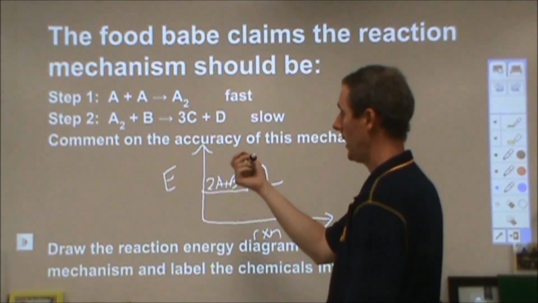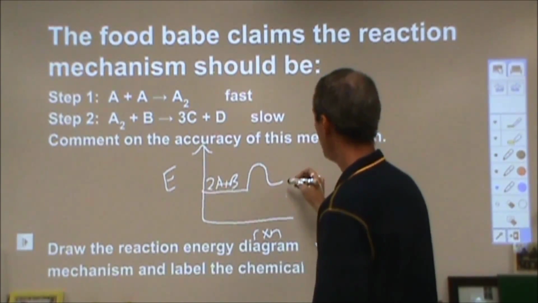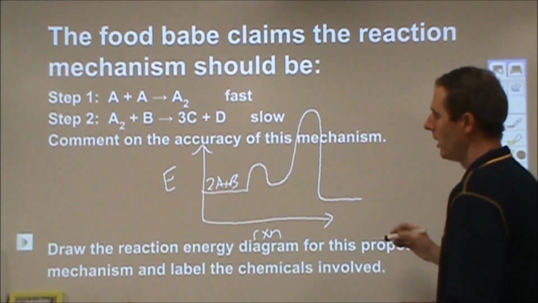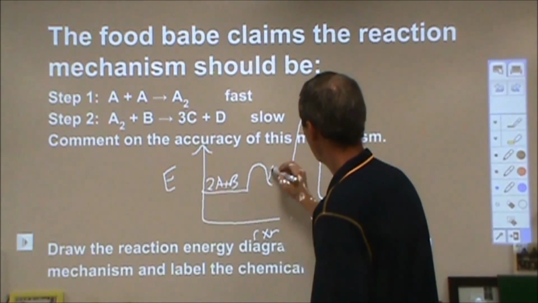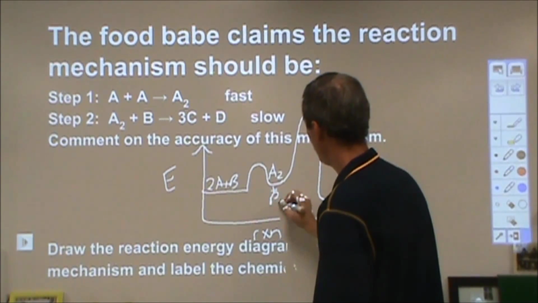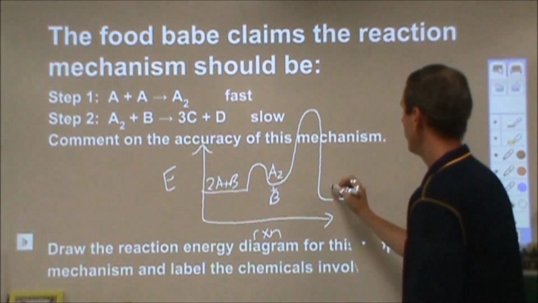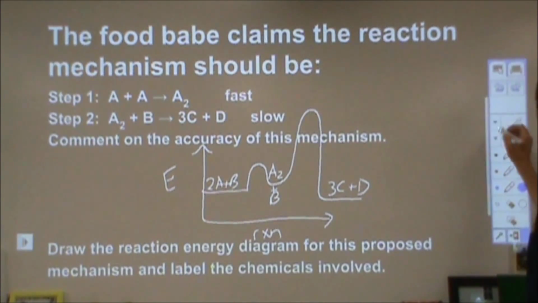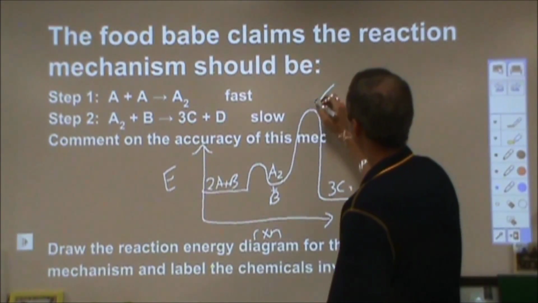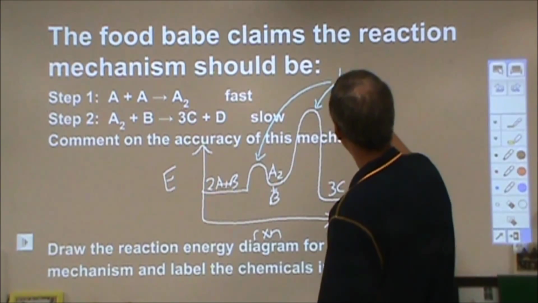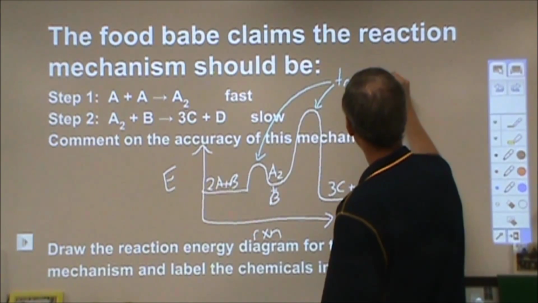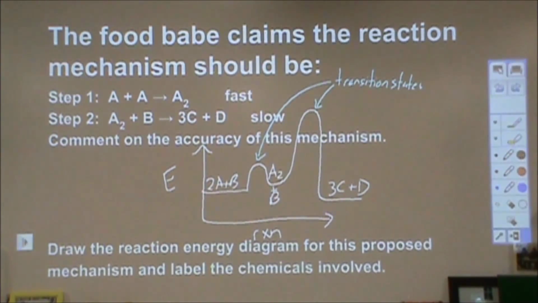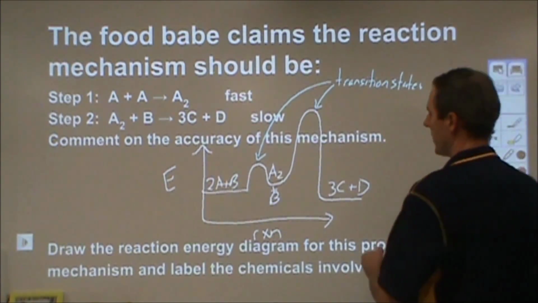Then that intermediate, A2, is going to collide with a B, and we'll form our products. So at this point right here, what you have is your A2 plus your B. And at the final point, we've converted things into C's and D's, 3C plus D. Here we're going to have transition states, or activated complexes, where we've kind of begun breaking things apart, but not yet kind of forming these things together.